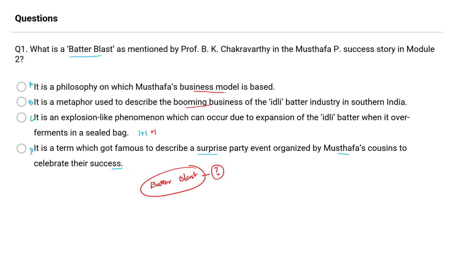What could be the interpretation of batter blast? As of now, we have got 3 votes for option C. Although we have more than 15 people in the call, I would request you to please at least share your voices, share your opinions. What could be the answer, A, B, C, or D? The remaining 12, please.